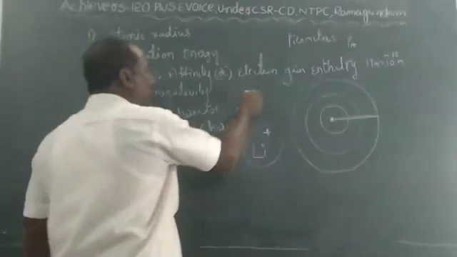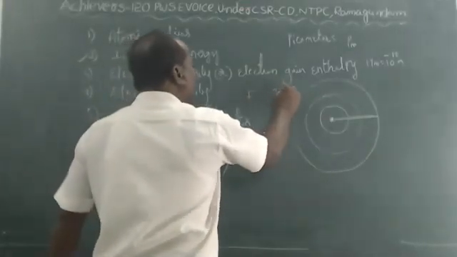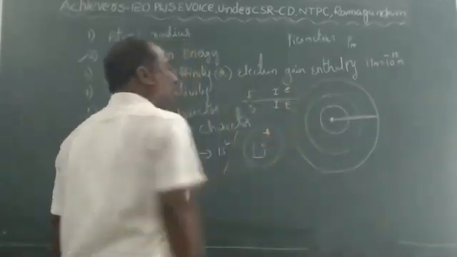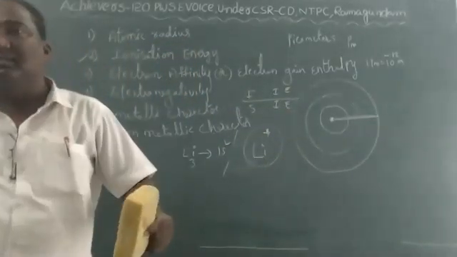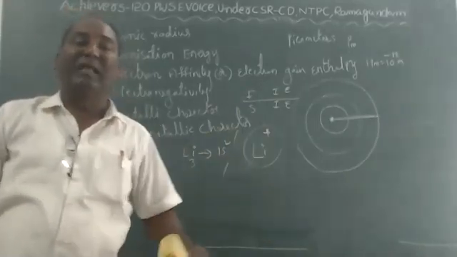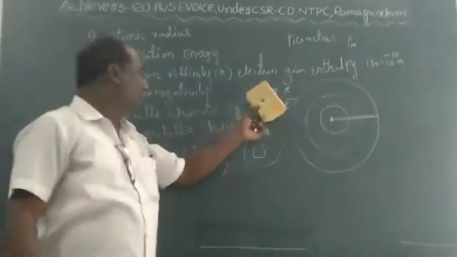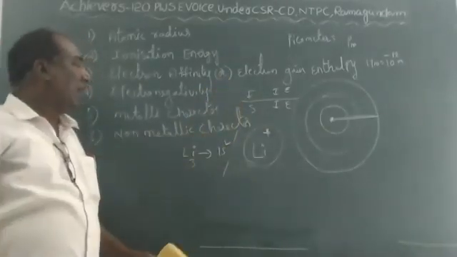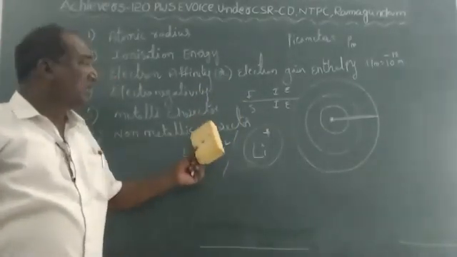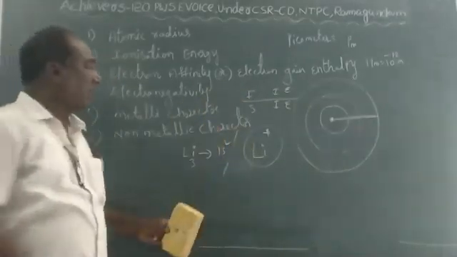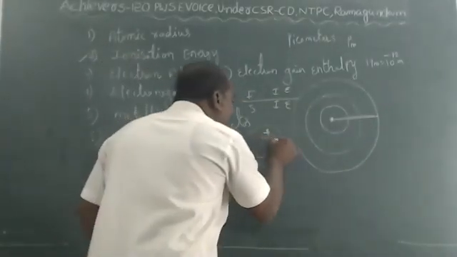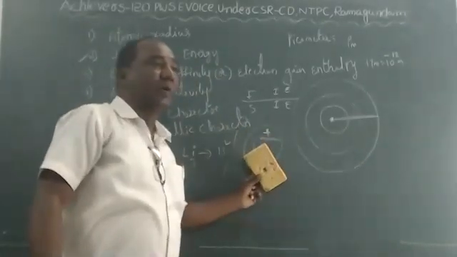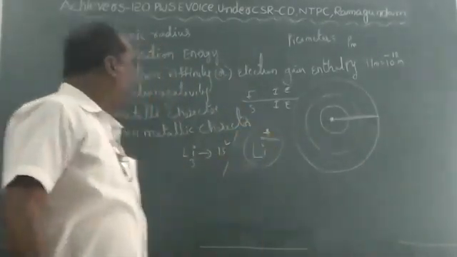Then listen to the definition of first and second ionization energy. First ionization energy is the energy required to remove an electron from the outermost shell. And the second one is the energy required to remove one electron from a uni-positive ion. It is called second ionization energy.